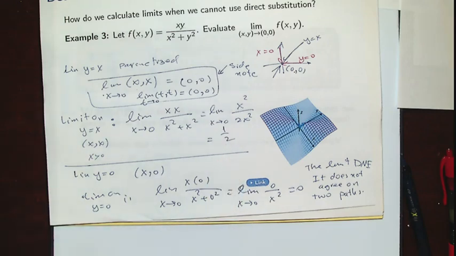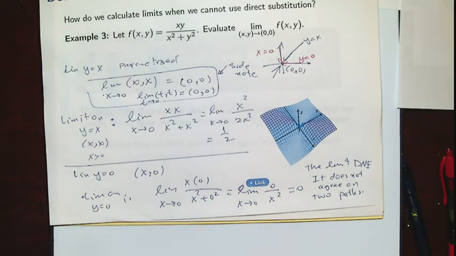Where am I approaching at y equal to x? Now, if I look at it this way, do you see the bottom? At y equal to negative x it is approaching negative 1/2. Then on the x-axis, it approaches 0.